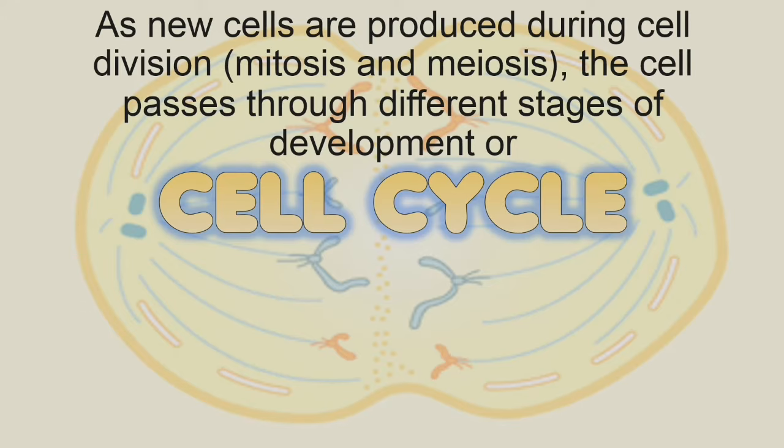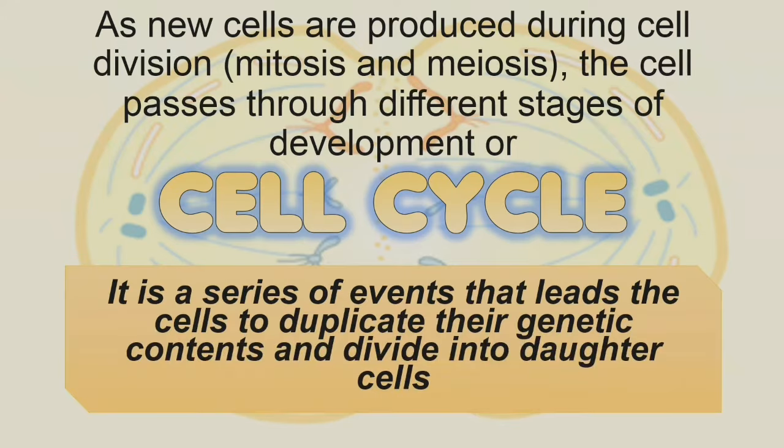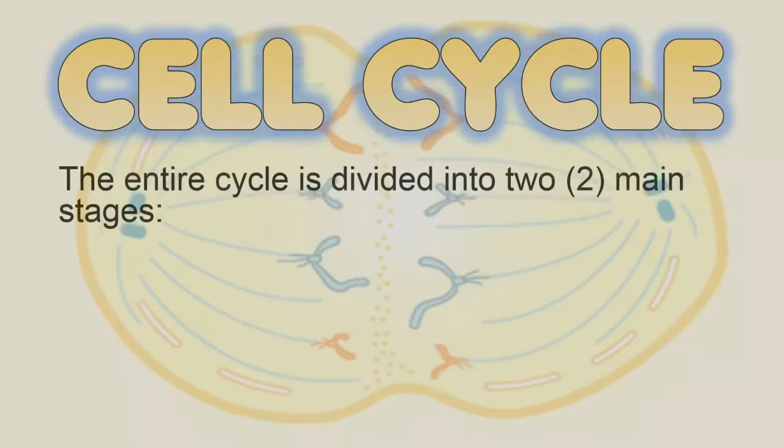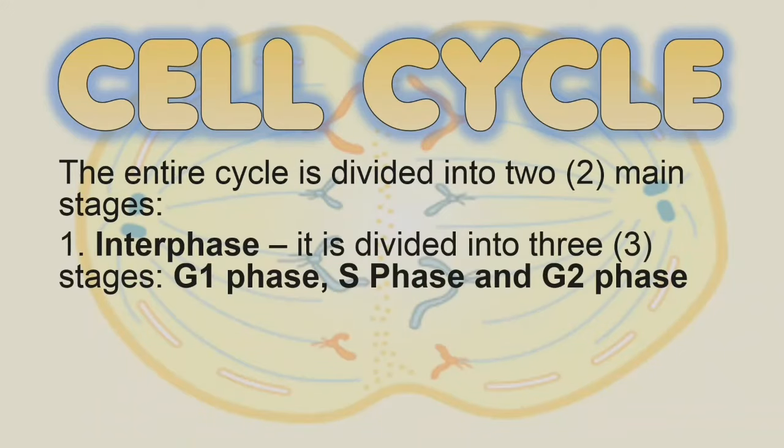So what is the cell cycle? It is a series of events that leads the cell to duplicate its genetic contents and divide into daughter cells. The entire cycle is divided into two main stages. The first one is interphase.